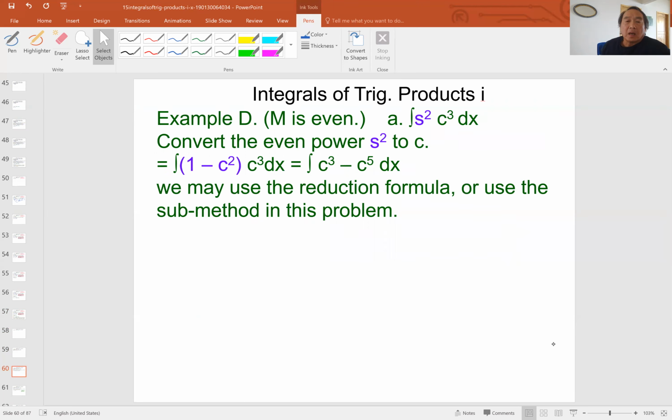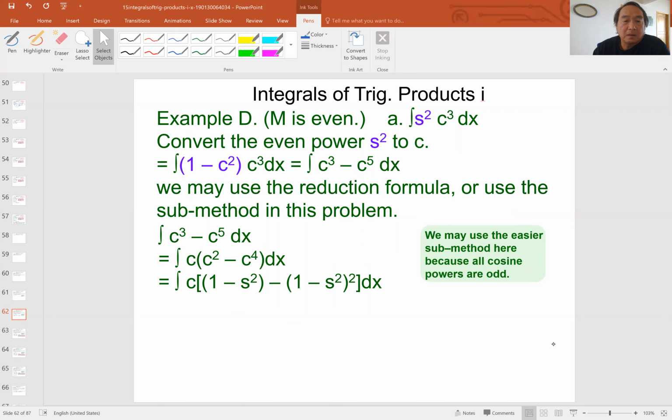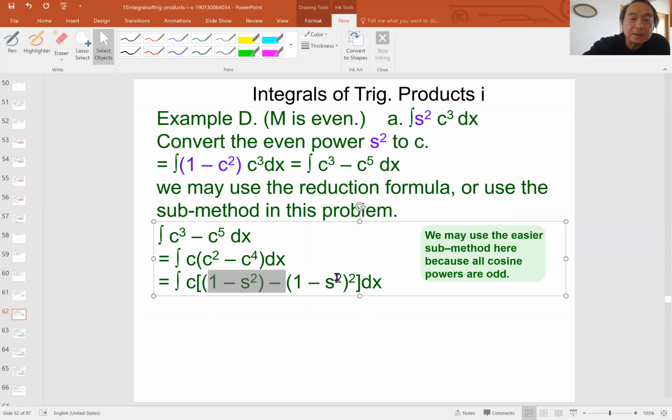Another little trick in this particular case: I have everything in cosine odd power, so I can pull out a copy of cosine, which leaves everything in cosine even power. Then I can convert the even power of cosine back to sine, so I have one copy of cosine while everything else is in sine. Then I can use substitution because the derivative of sine is cosine.